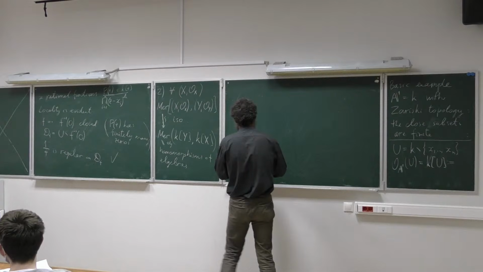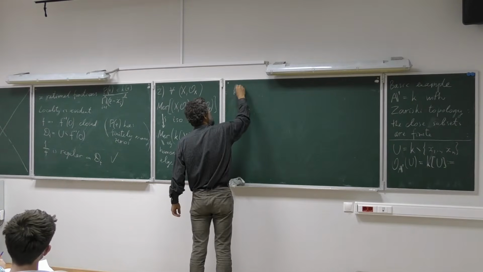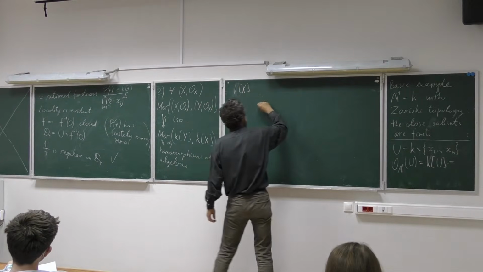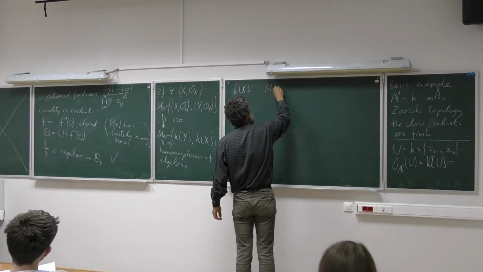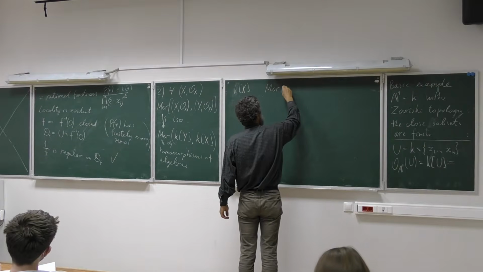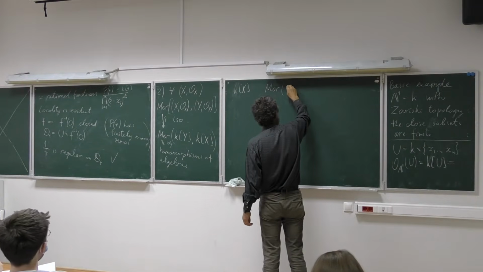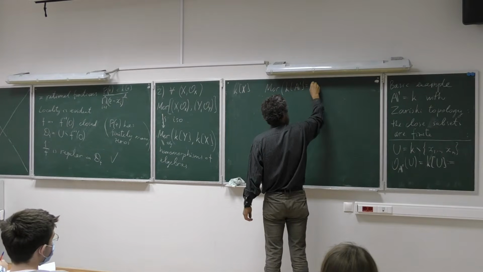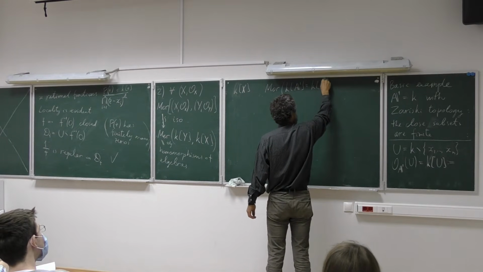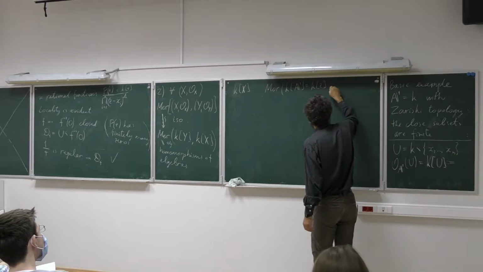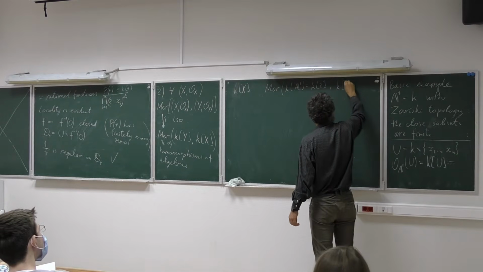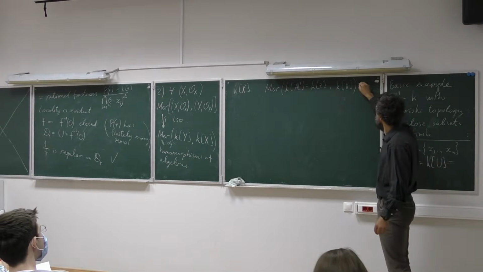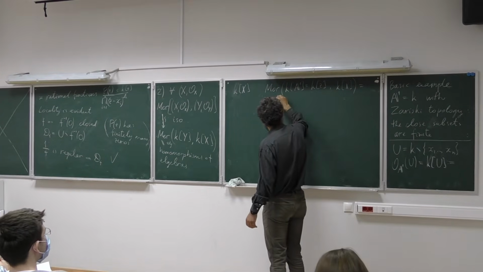So I have this algebra k of X, and what are morphisms from the regular functions k of A^1, and these are just polynomials in one variable, into k of X?